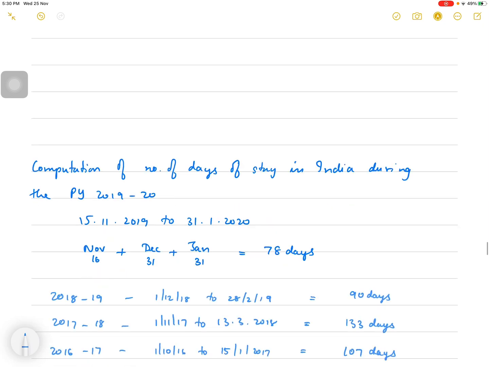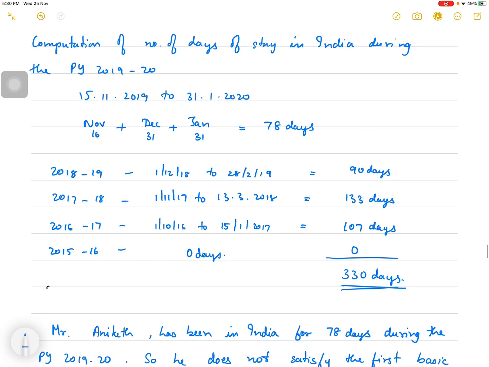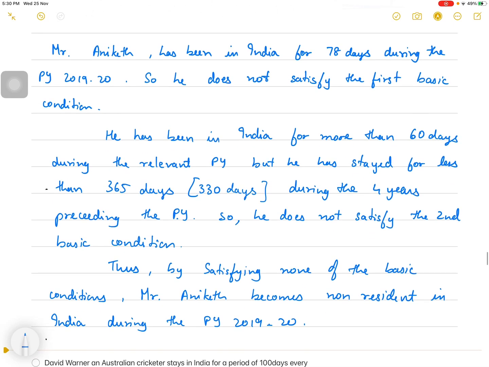So take down the answer. Computation of number of days of stay in India during the previous year 2019-20. So I have computed. Mr. Aniket has been in India for 78 days during the previous year 2019-20. So he does not satisfy the first basic condition.